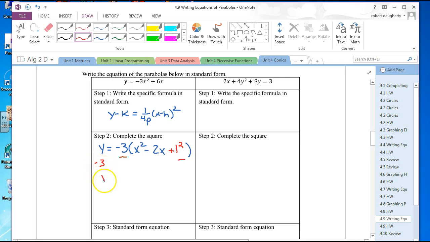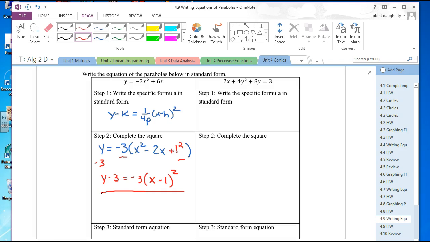So this gives you y minus 3 equals negative 3 times, and then what? X minus 1 squared. And I'm done. So that is the parabola: y minus 3 equals negative 3 times x minus 1 squared.